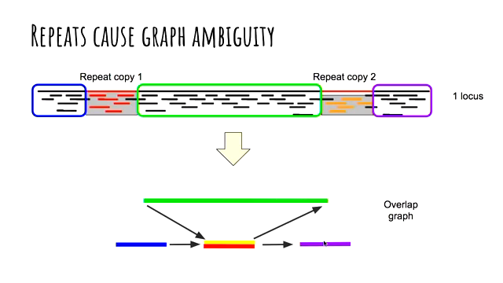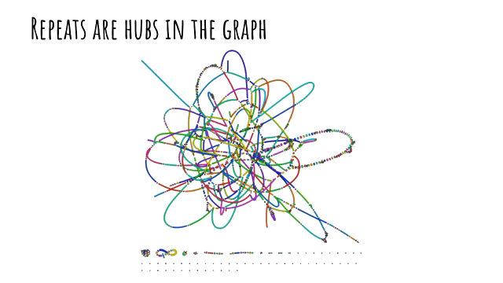And that's because none of those reads span the repeats. And they cause problems in our graph. And this is a real graph from, I think, a Salmonella assembly with 300 base pair paired-end reads from Illumina.